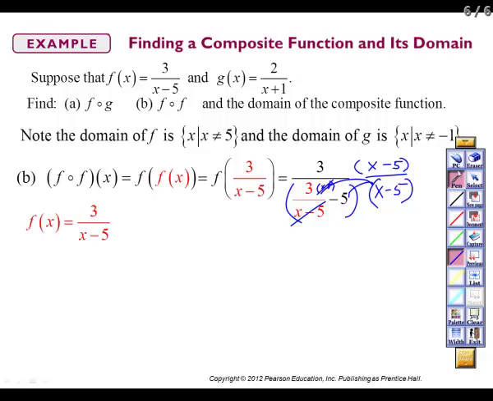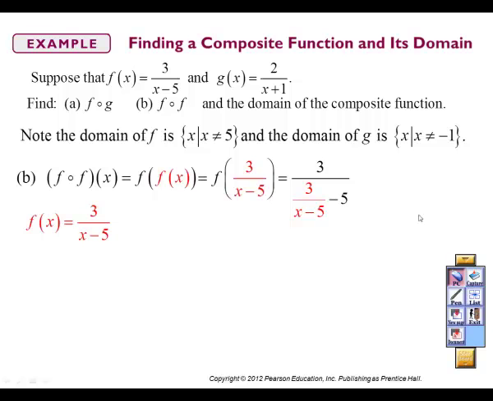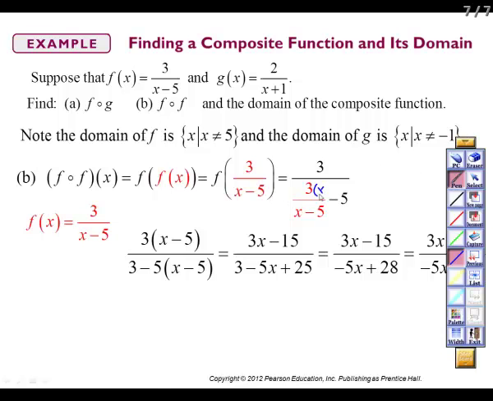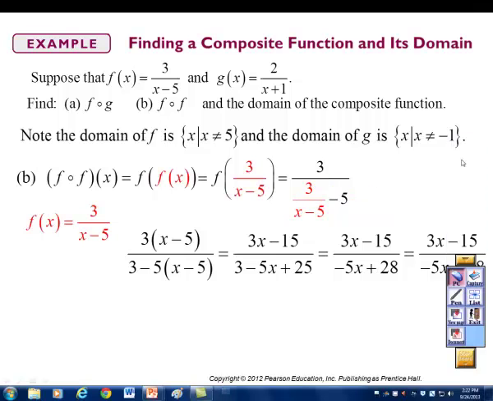And so that'll cancel this denominator out, because these two x minus 5's cancel out, and that's why there's only 3 left. And so now we can just distribute from there, and it simplifies out to 3x minus 15 over 5x minus 28.